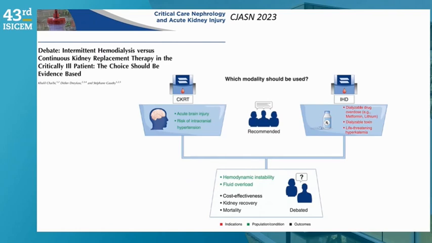I will say that probably with patients with acute brain injury with a risk of intracranial hypertension, we should use continuous renal replacement therapy. There is no debate because of the risk with osmolality disorder. But we should also use intermittent in some patients in the ICU, for example, patients with dialysable drugs or toxins, why not?